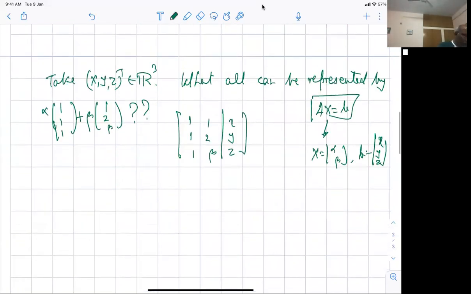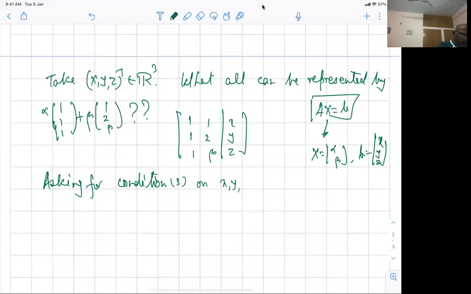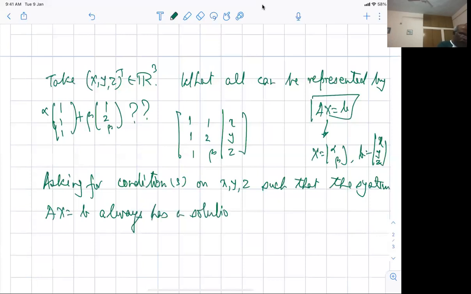So we are asking for condition or conditions on x, y, z such that the system Ax = b always has a solution.